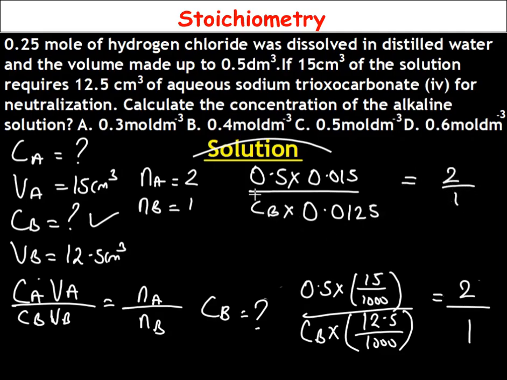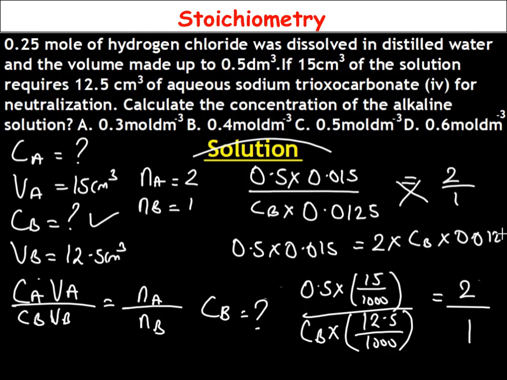To then solve for the concentration of the base, simply cross multiply, so that you have 0.5 times 0.015 is equal to 2 times Cb times 0.0125.